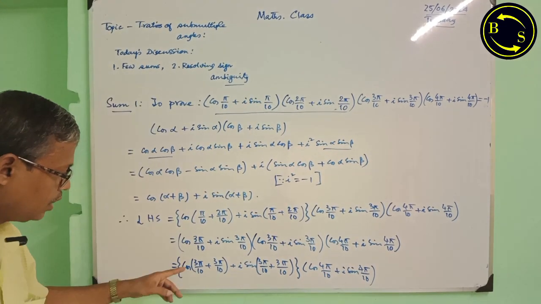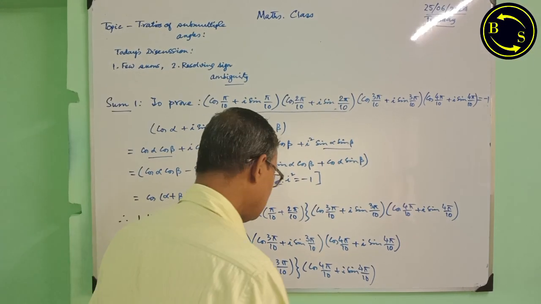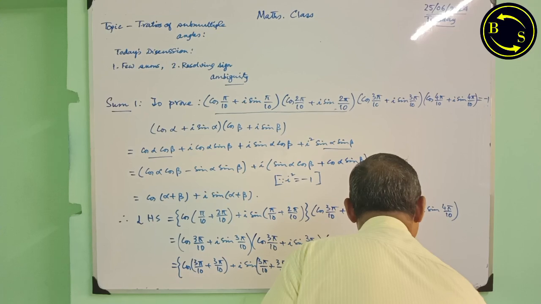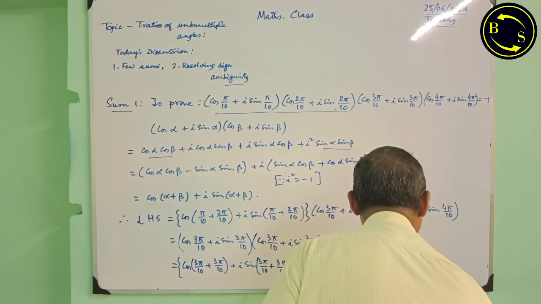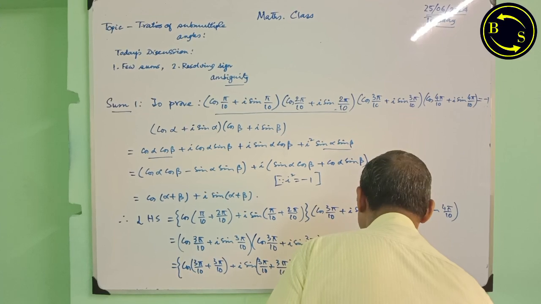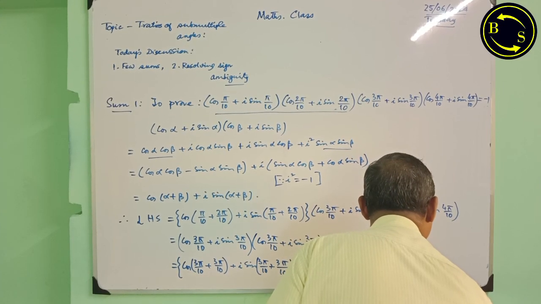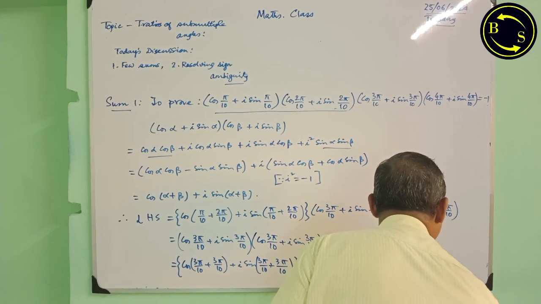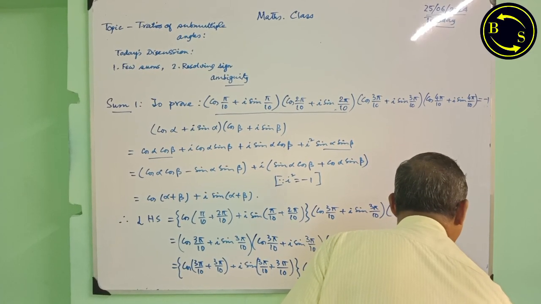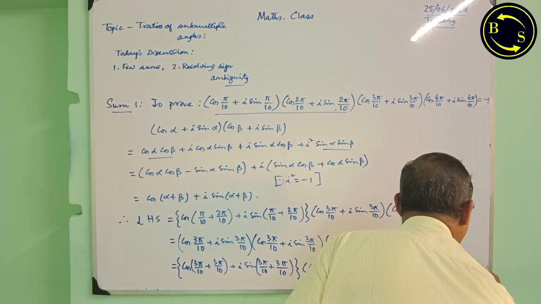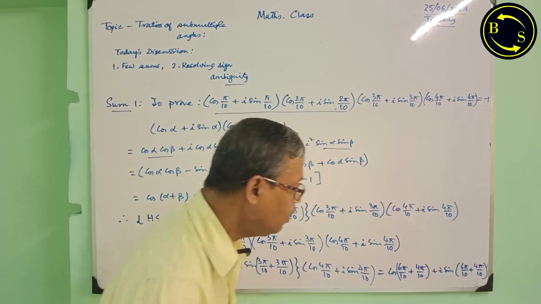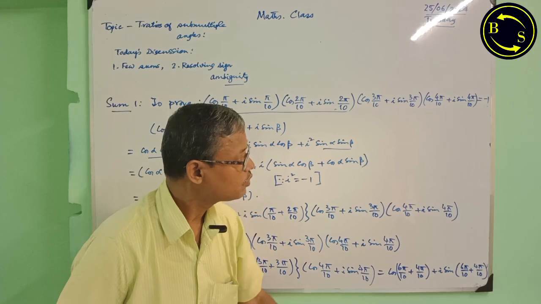6 pi by 10. Then we apply, thus we get finally this one.